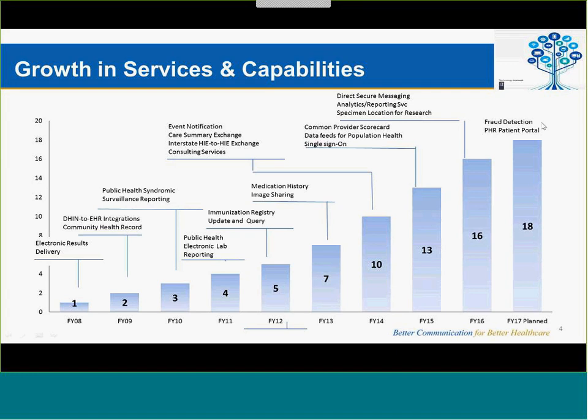So this last fiscal year, both of the services that you see here deal with patient engagement. We use the terms patient and consumer interchangeably, but what we're finding is patients are becoming more engaged in their health care, and we want that.